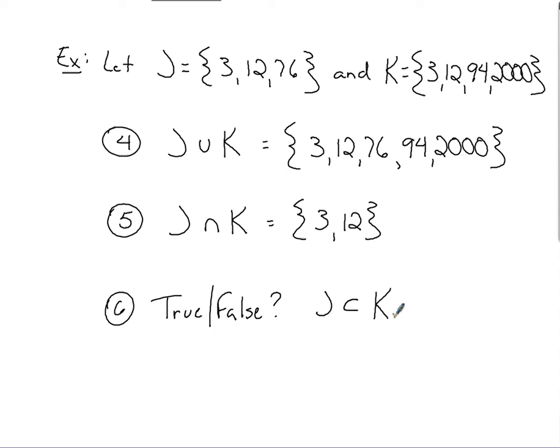So how am I going to answer that? How am I going to understand that? Well, when I look at J, basically all the members I have in here, all these elements, I need to be able to see them somewhere over here in K. And for 3 and 12, I do, right? But for 76, I don't. So true or false? It's false.